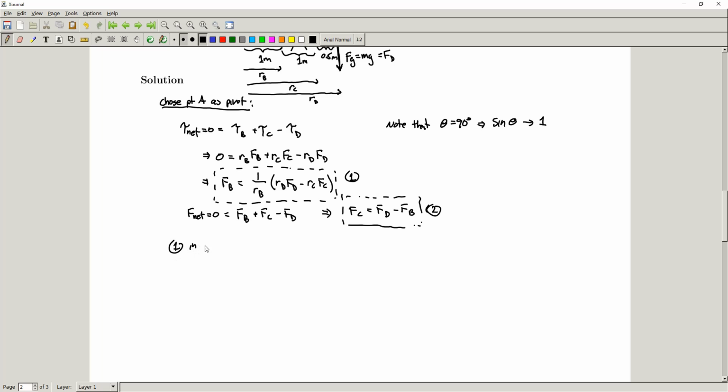So 1 in 2 gives us FC equals FD minus 1 over RB, times RD FD minus RC FC. Okay? And so now there's only, in principle, one unknown that we don't know here, which is FC.